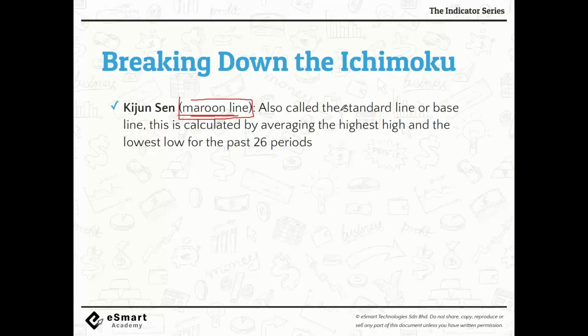Now this one can also be called the standard or the baseline. In Japanese we call it the Kijun Sen, in English we call it the baseline. There's a formula: it's calculated by averaging the highest price and the lowest price for the past 26 periods. Why 26?